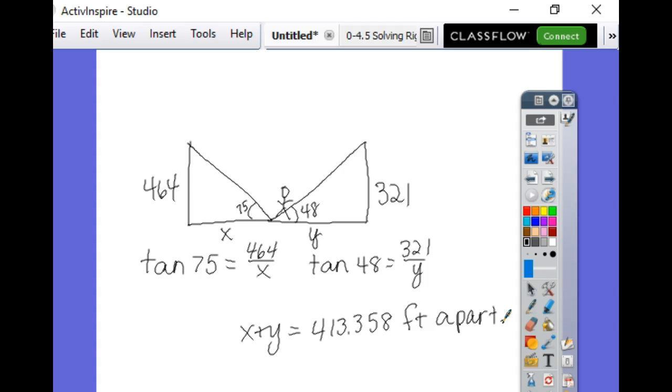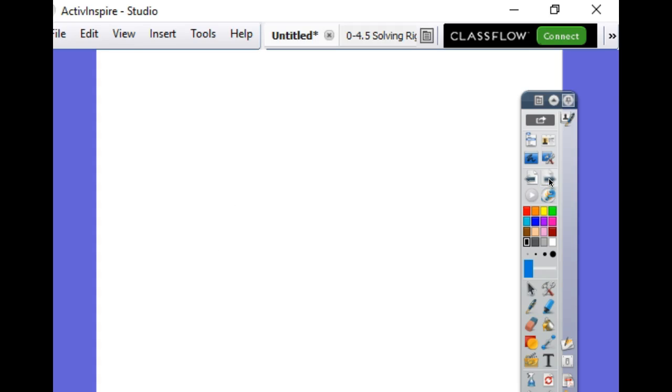So the last one, I want to go angle of depression. So I'm going to do an angle of depression. So first of all, from the top of the lighthouse, it's 150 feet tall. So I'm at the top of the lighthouse. Okay? Look down at the boat. Here, let's put some water. Here's some water. Okay, let's put a boat in here.